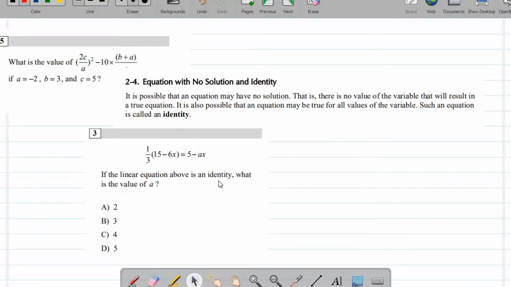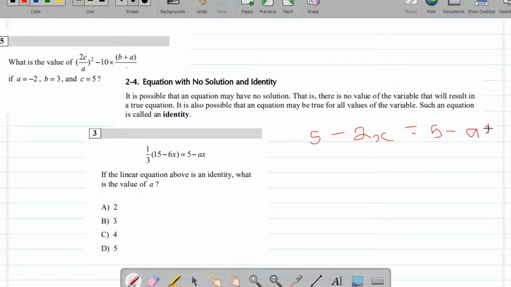So it says if the linear equation above is an identity, what is the value of a? So we simply expand this. We'll have 15 over 3, which is 5, minus 6 over 3, which is minus 2x, is equal to 5 minus ax.